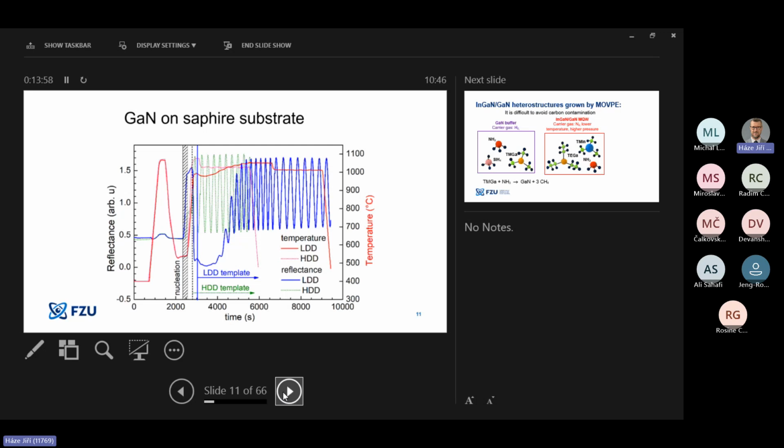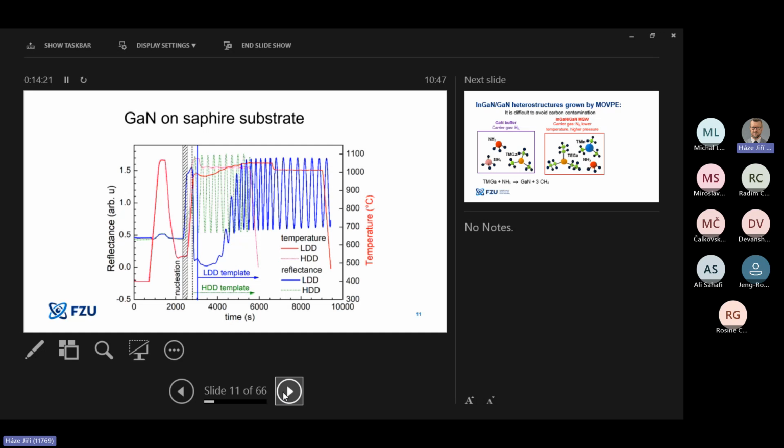While if you get a thick coalescence layer, so the surface is rough, and then the islands coalesce after some time, the dislocations have time during the growth to curve and annihilate with each other.